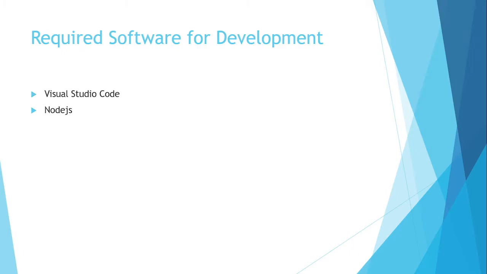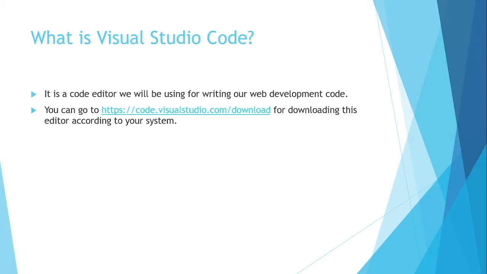So the software or the tools which we need for development are Visual Studio Code and Node.js. These two tools we'll be downloading and installing, and let's discuss both of them individually. So the first one is Visual Studio Code. What is this?